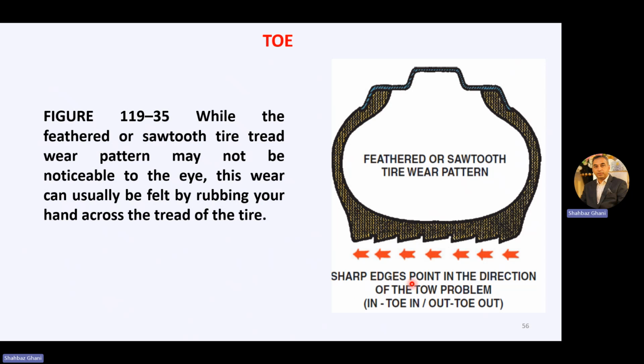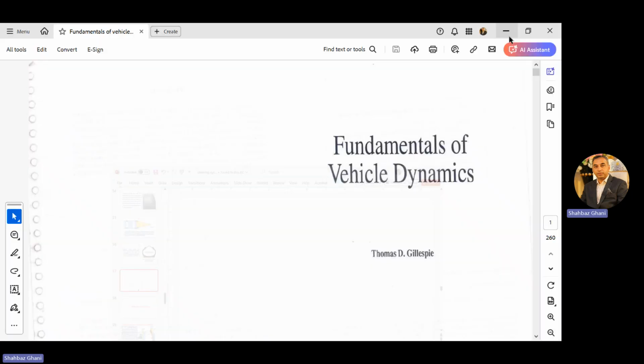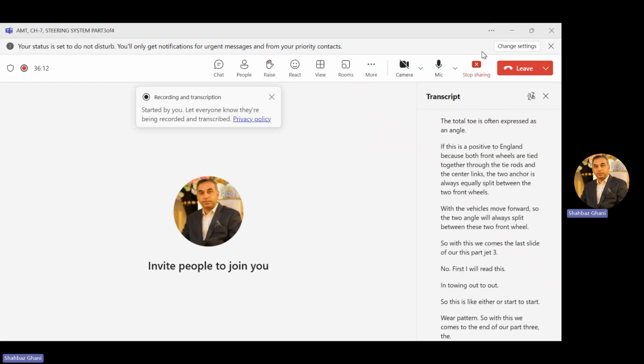Sharp edges point in the direction of the toe problem, toe in or toe out. So this is like a feather or sawtooth tire wear pattern. So with this, we come to the end of part 3 of the lecture of the 7th chapter, which we are studying.